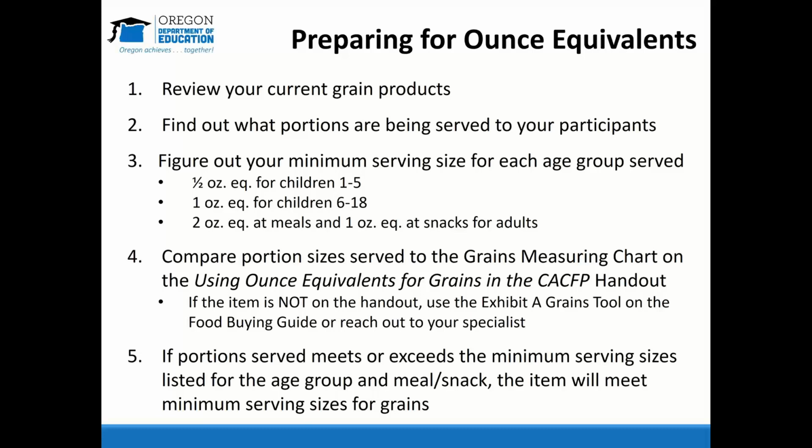Finally, if your portion served meets or exceeds the minimum serving sizes for the age groups and meal or snack type, then your item will be all set for ounce equivalents. Again, don't be surprised if most of your items far exceed minimum serving sizes. Most of the time, what we get as portion sizes for grains are far above our minimum serving sizes.